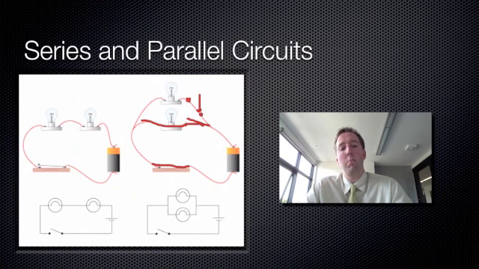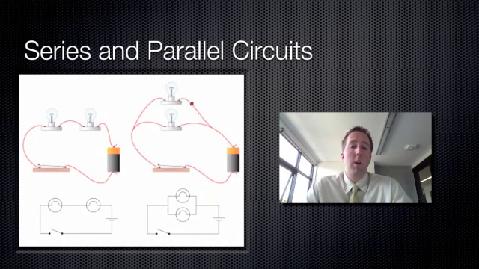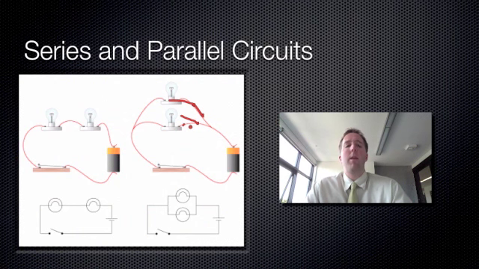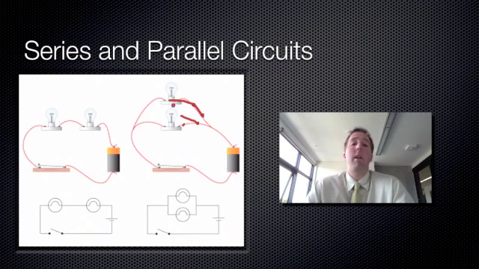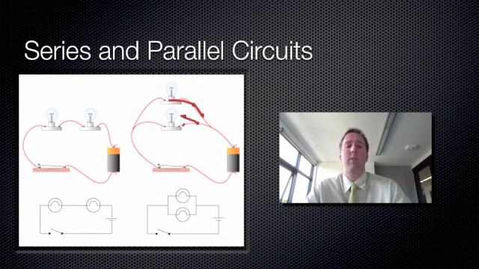Sometimes I could close both switches and have both light globes on. Sometimes I could just close this switch and have that light globe on, and sometimes I could have this switch open and have that light globe off. So in a series circuit, all the globes have to be on or off, and in a parallel circuit, you can have some of the globes on and some of them off at different times.